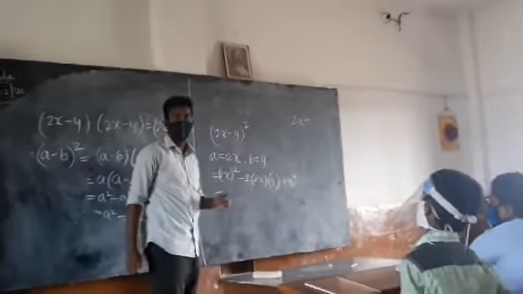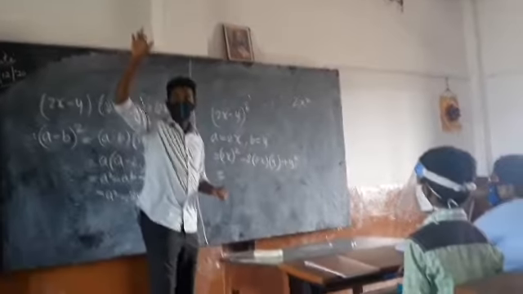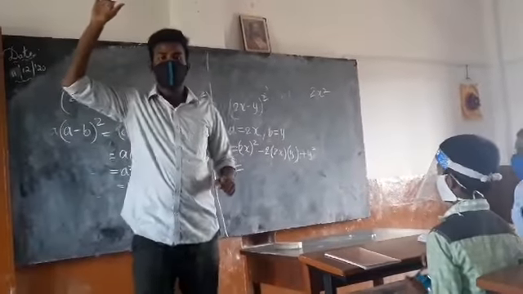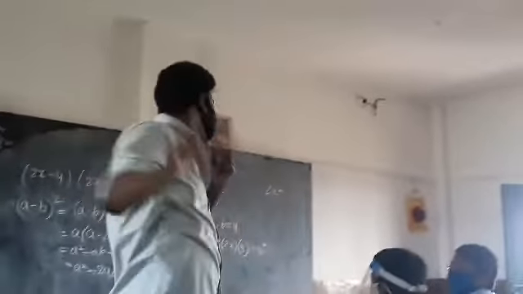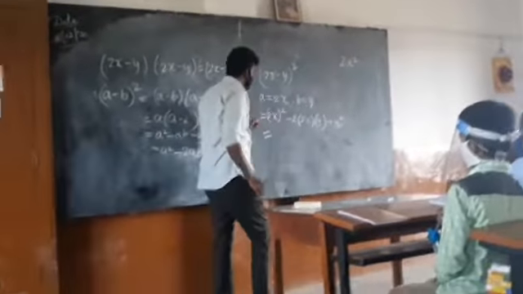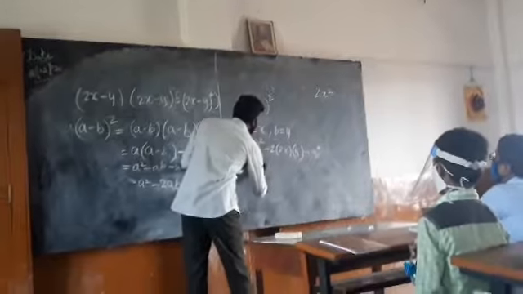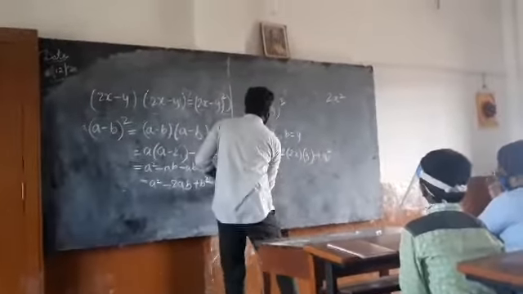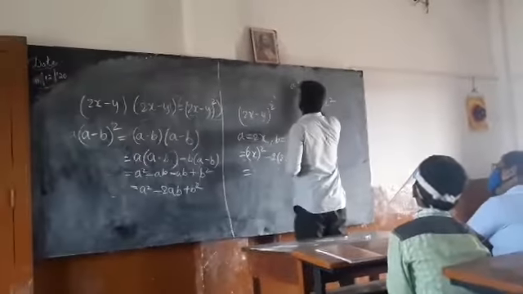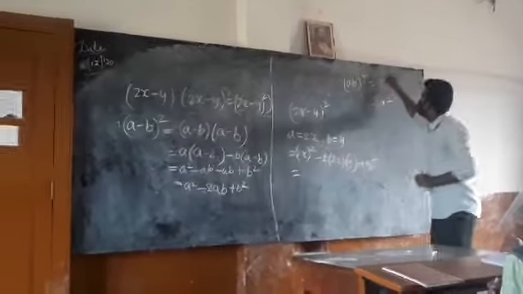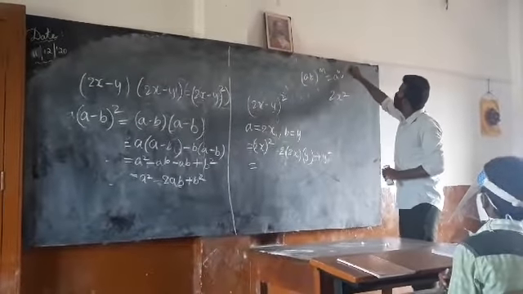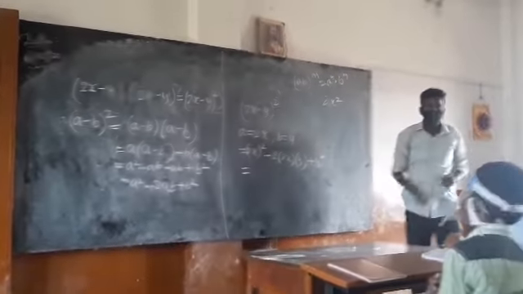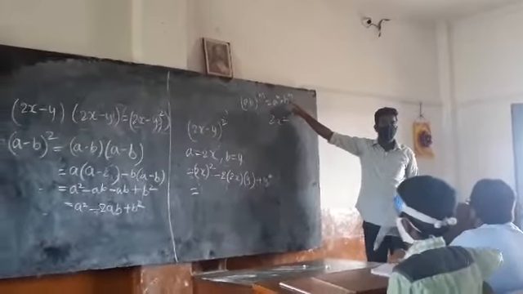2x whole square. 4x? 4x power 4? No. Easy. 2x whole square means it is 2 square into x square. Likewise, the formula: ab whole power m equals a power m into b power m. This is quite important here.